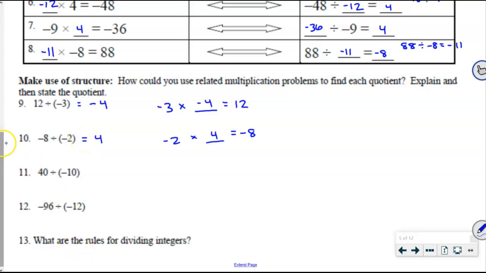How are you guys doing so far? Doing all right? Okay. 40 divided by negative 10, that's going to be a negative 4. So we could have written it as negative 10 times some number that I don't know yet is equal to a positive 40. A negative times a negative is how I get a positive, so that's how I arrived at that negative 4.